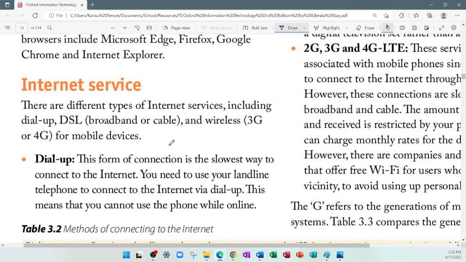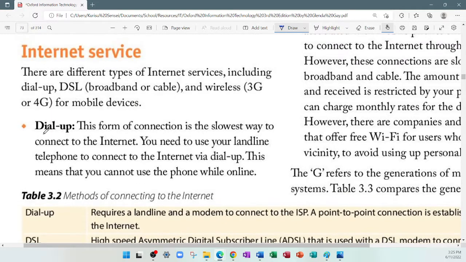Now, what are the internet services that we have today? Well, at first we had dial-up. That was our very first form of internet connection. It was the slowest, so that's basically why we don't use it anymore.